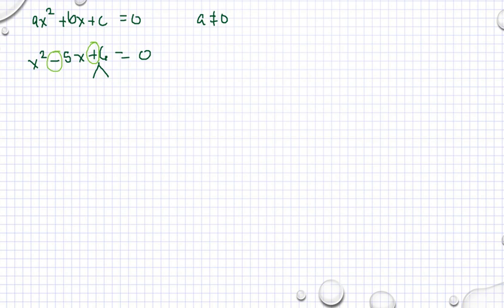I hope you remember that. So I have negative 6 and negative 1, or negative 3 and negative 2. When I add this one, this is negative 7, and when I add this one it is negative 5. That means this is what I'm going to use.